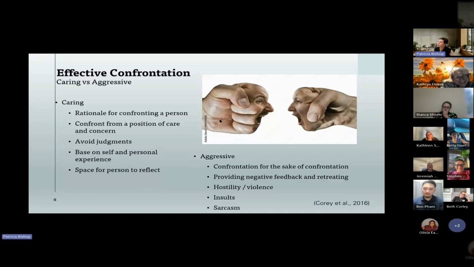So again, I hope what you've gotten out of some of this is that confrontation is very necessary. It can be very therapeutic, and it can also really sharpen your skills as a counselor, because many times we are conditioned to shy away from conflict and just avoid it ourselves.